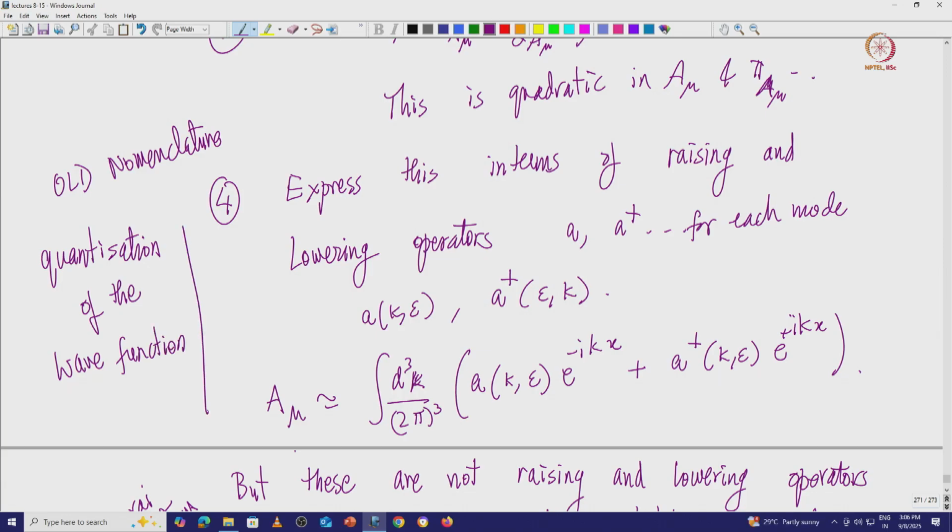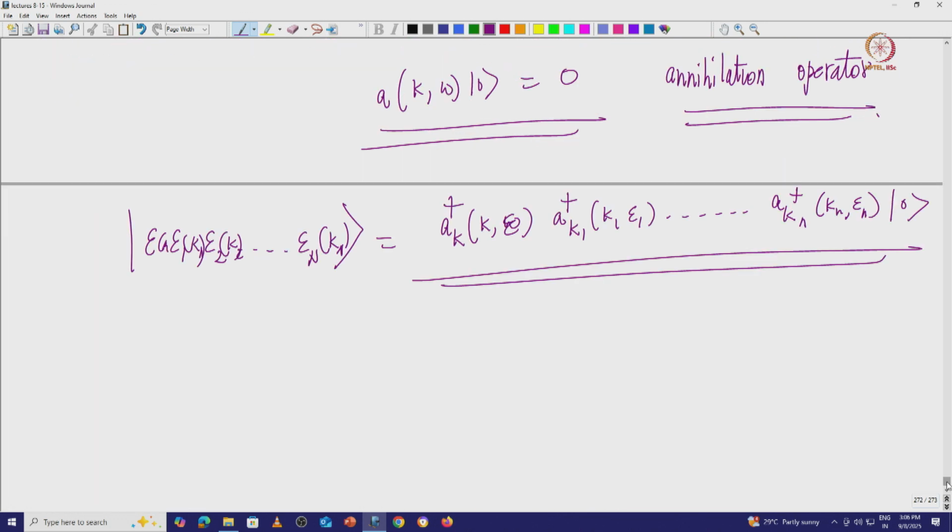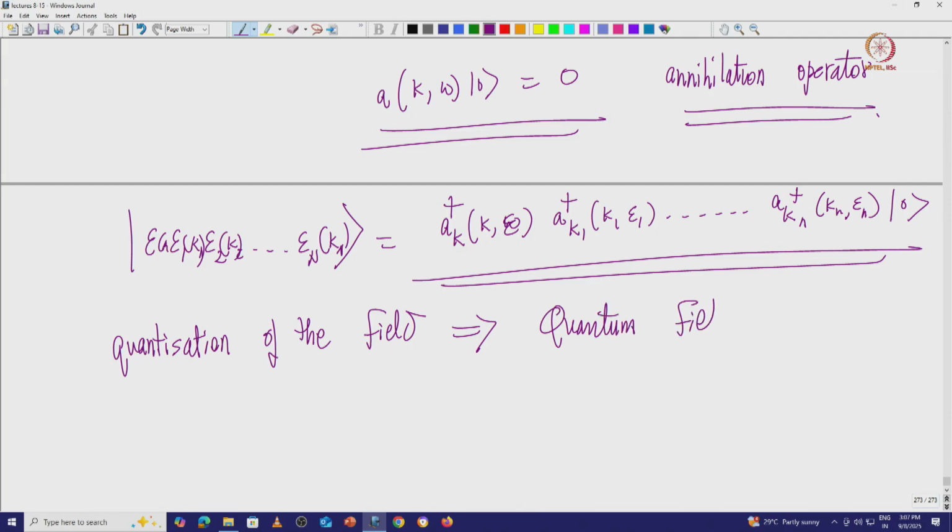This is the old nomenclature, but these days we do not really consider it in that particular fashion. What we call it is quantization of the electromagnetic field, essentially quantization of the field, which we will do with a completely quantum field theory technique. That is the reason why it is called quantum field theory.